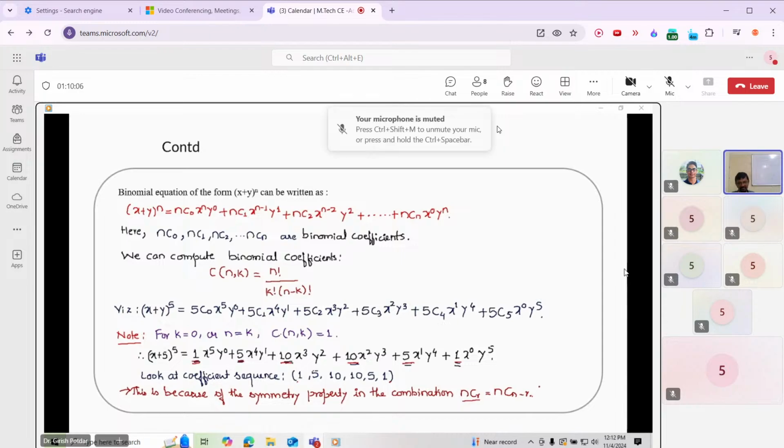Because of that symmetry, you find this pattern. This pattern can also be visualized with a very well-known thing, the Pascal triangle, right? You might have heard about the Pascal triangle, so we can also visualize this.